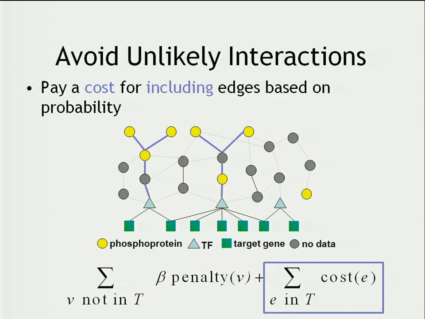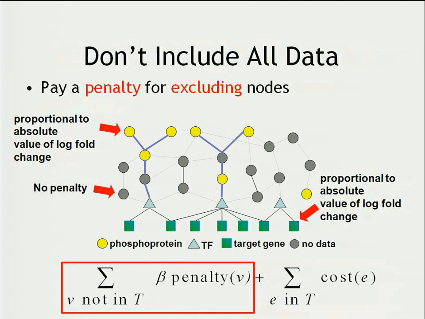Similar relation that each edge is associated with a cost, proportional to the probability. But now we actually pay a penalty if we keep a node out of the solution, and the amount that we pay is how confident we are it showed up in the experimental data.